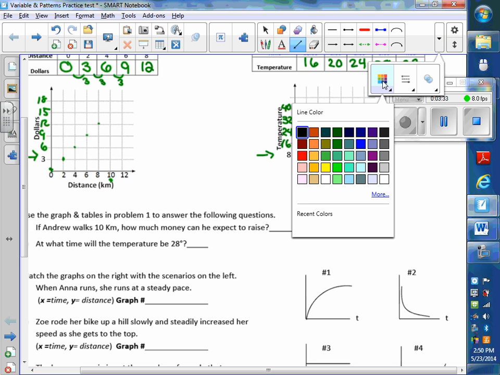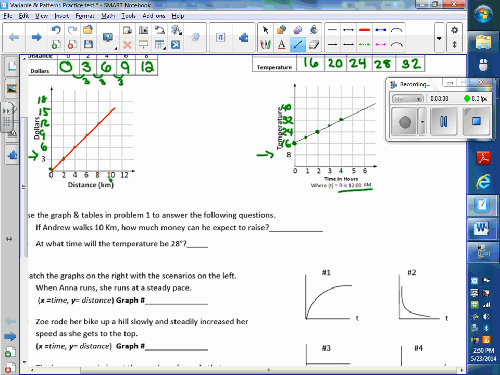And I'm going to just put it in red. If I follow the pattern here, that line will show me that if Andrew walks 10 kilometers, he's going to raise $15. And I would like to see that, if that's your work, you guys, you should show your work.